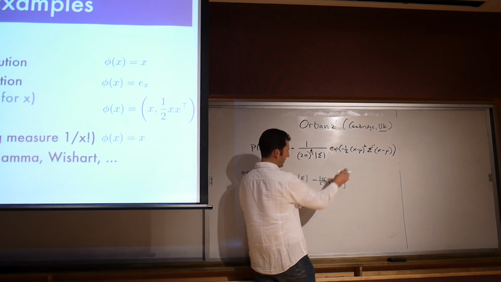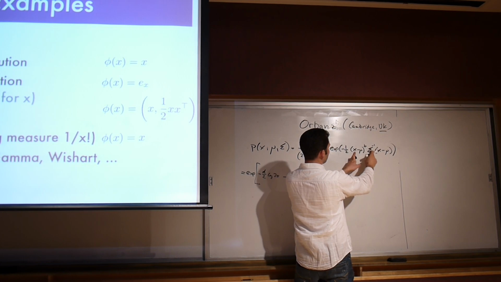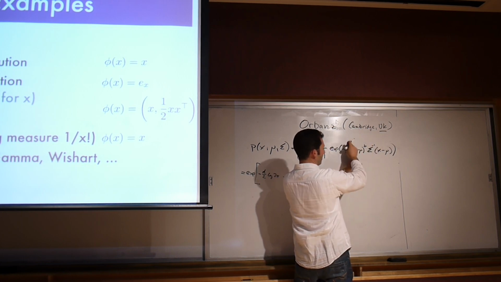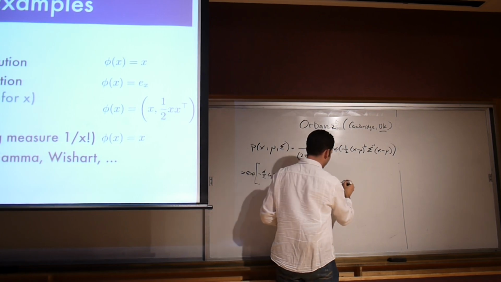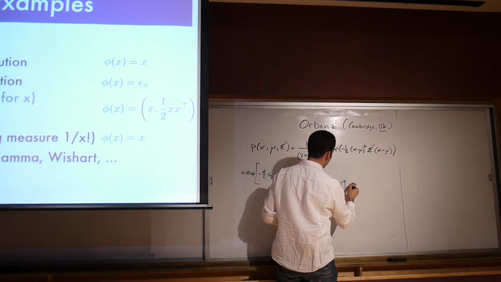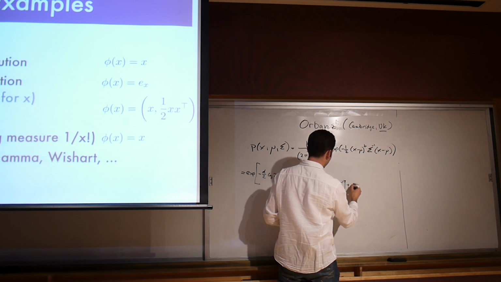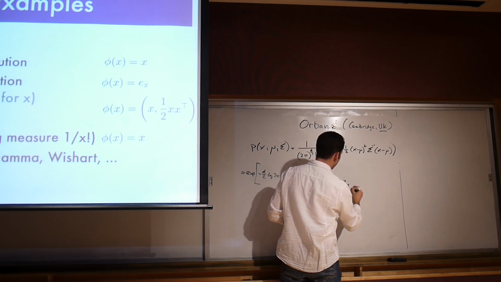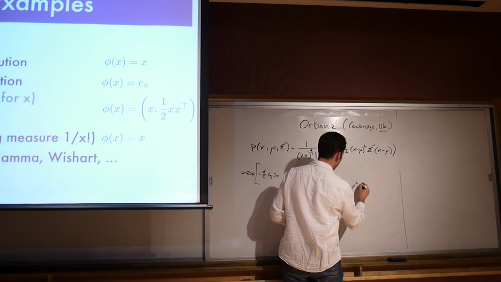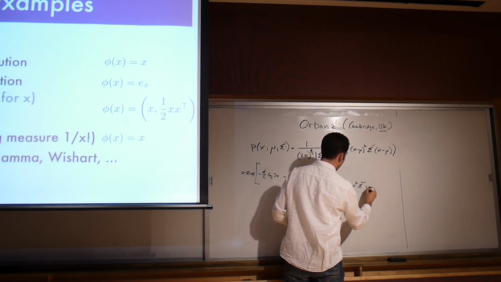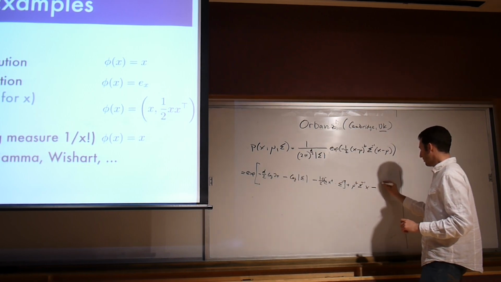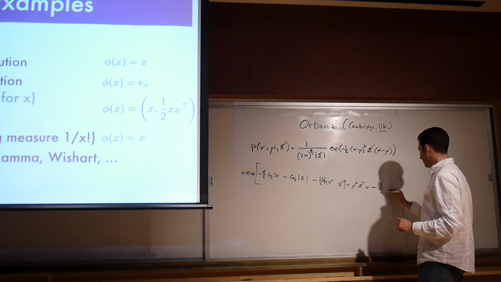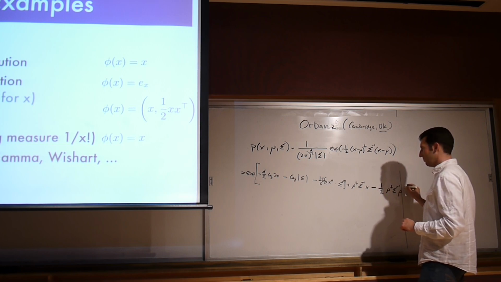So that just happened by taking x transpose sigma inverse x, moving x to the left hand side, and then I get a trace. There's nothing else happening. Then I get plus mu transpose sigma inverse x, and then I get a minus 1/2 mu transpose sigma inverse mu.